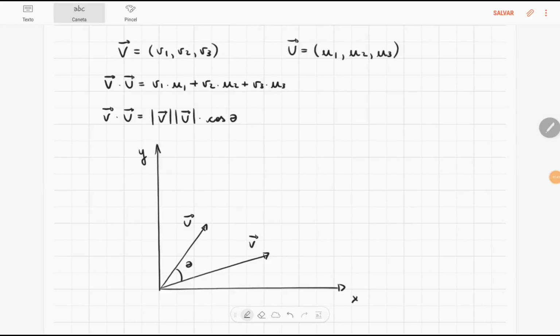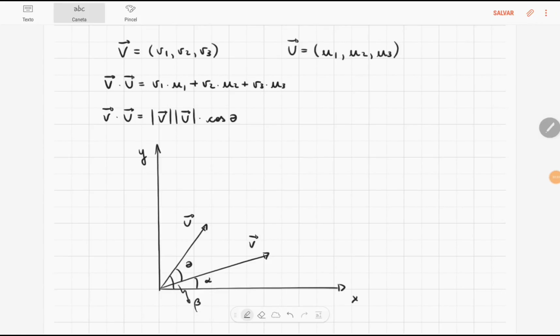Let's denote by alpha the angle between vector v and the x-axis, and let's denote by beta the angle between vector u and the x-axis. I represented both vectors in the plane to make it easier to prove that these two formulas are correspondent. However, the same logic may be applied to space.